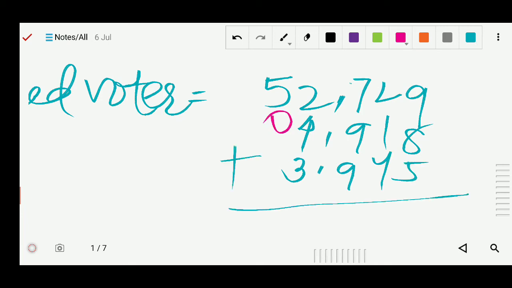So here there is nothing, you can just write 0 because it will be easy. 9 plus 8 plus 5 is 22, you will write 2, carry 2. 2 plus 4 plus 1 plus 4, you will get 9. Okay, 9 plus 9 is 18 plus 7, that is 25.